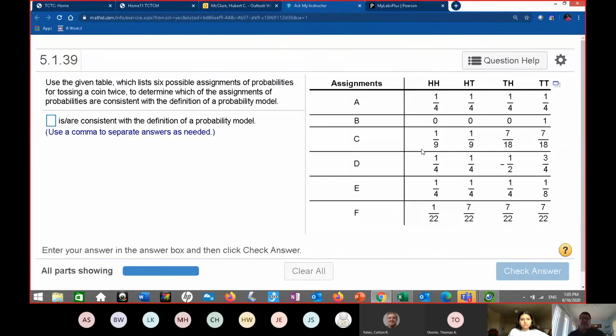Let's look at A. What is the sum of those probabilities? 4/4, which is equal to 1. So it's good. 0 plus 0 plus 0 plus 1 is equal to what? 1.